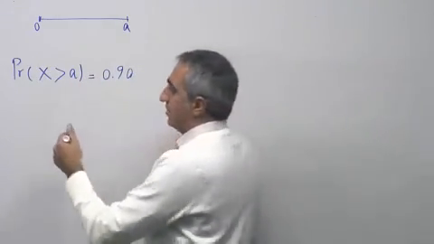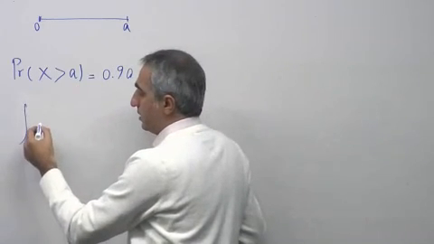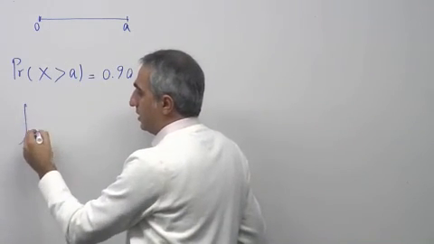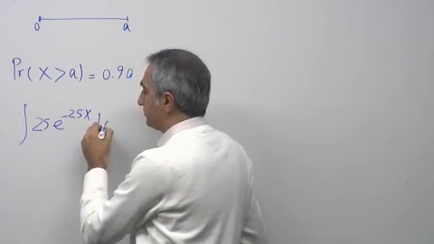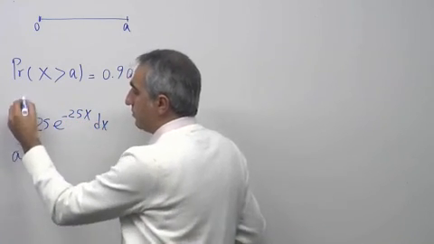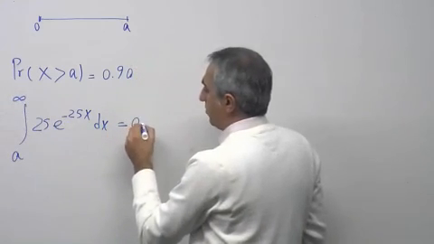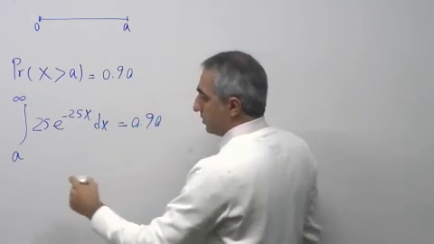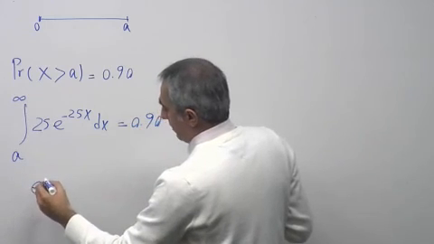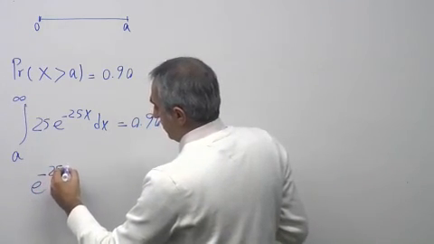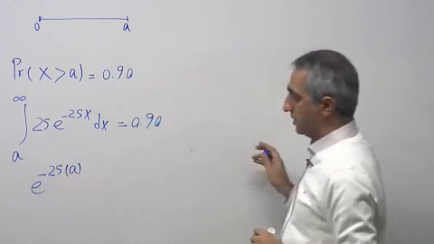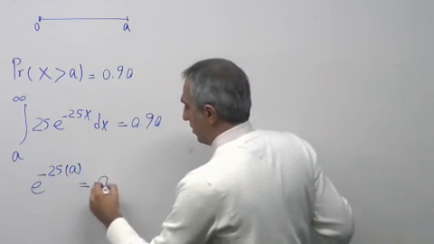That's very simple, because I integrate again the same PDF from a to infinity, and this probability should be 0.9. If you do the math, at the end of the day it would be this guy. This is 0.9.